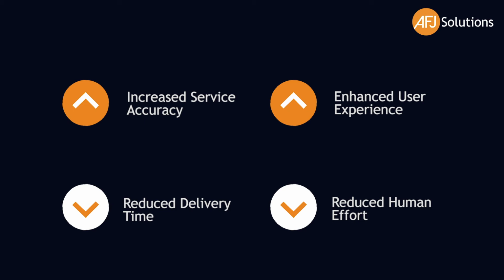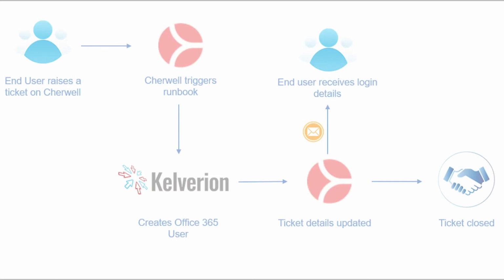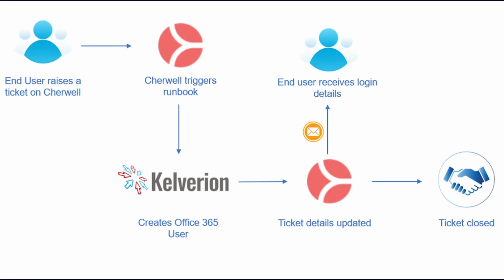This platform will sit behind Cherwell, so they're used in conjunction with each other. So what we're going to be showing now is a specific type of service request being logged in Cherwell. The flow we're going to be following is that the end user raises the ticket in Cherwell.